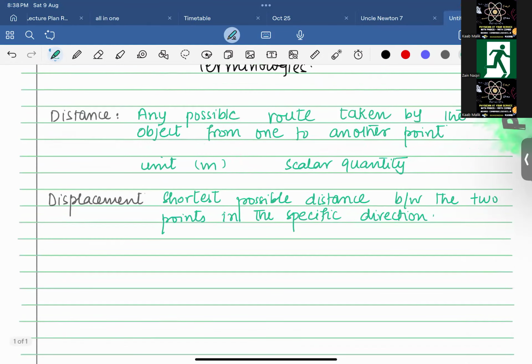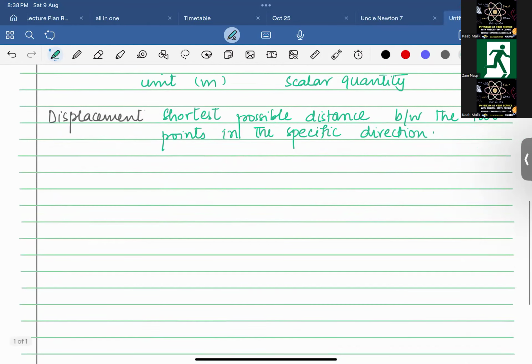The unit is meters, and it is a vector quantity. Please keep in mind they'll ask you about the quantity, mainly in MCQs.